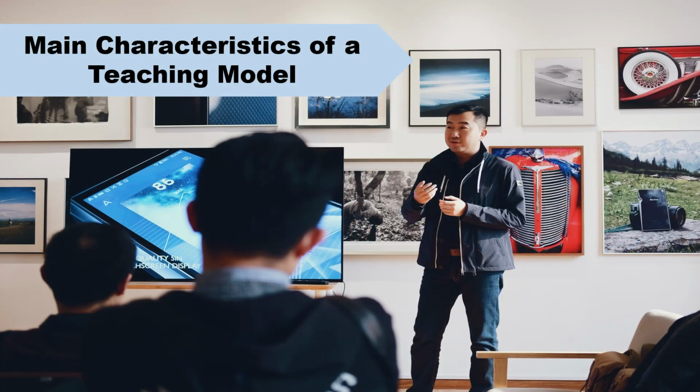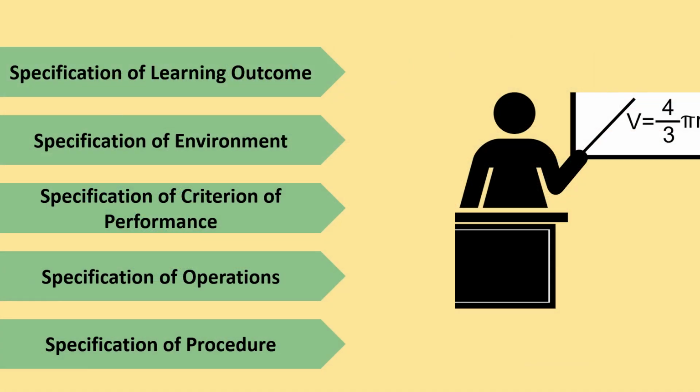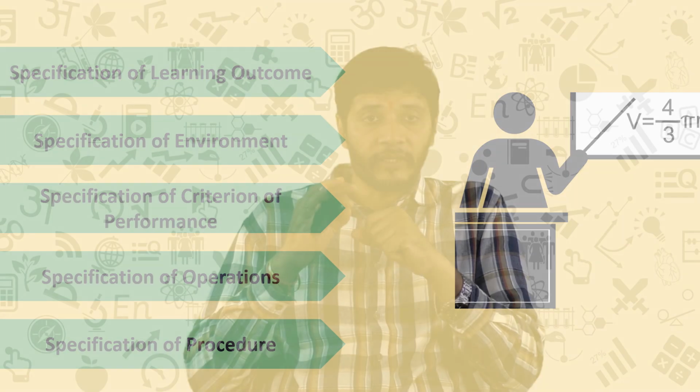In the present scenario, the main characteristics of a teaching model are learning outcome, environment, criteria of performance, operations, and procedures. Specification of learning outcome is very important, because whatever we learn, the outcomes come from that.